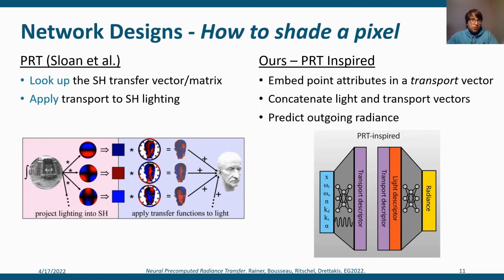Effectively that network will be responsible for compressing the transport in the scene, and then a second network learns to combine the transport at a given point with the lighting to produce the final appearance. So effectively, this second network is learning the equivalent of the dot product in PRT. This second network will receive the concatenation of the learned transport code and the learned light code.